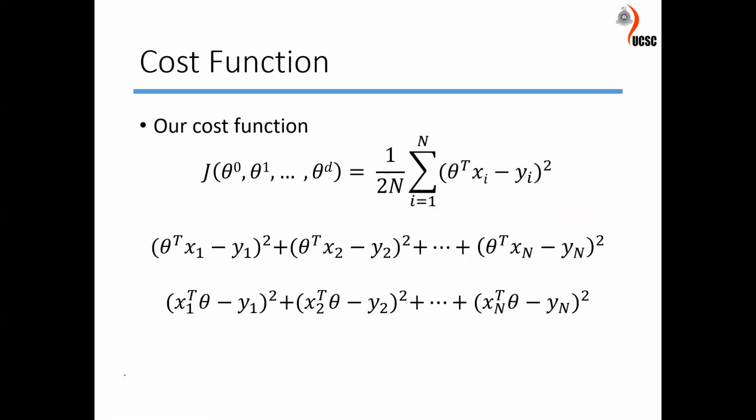Then we can basically substitute these values. Now it's x1 transpose theta minus y1, then we take the power of 2. Then x2 transpose theta minus y2. Like that, you can write it in another form like this.